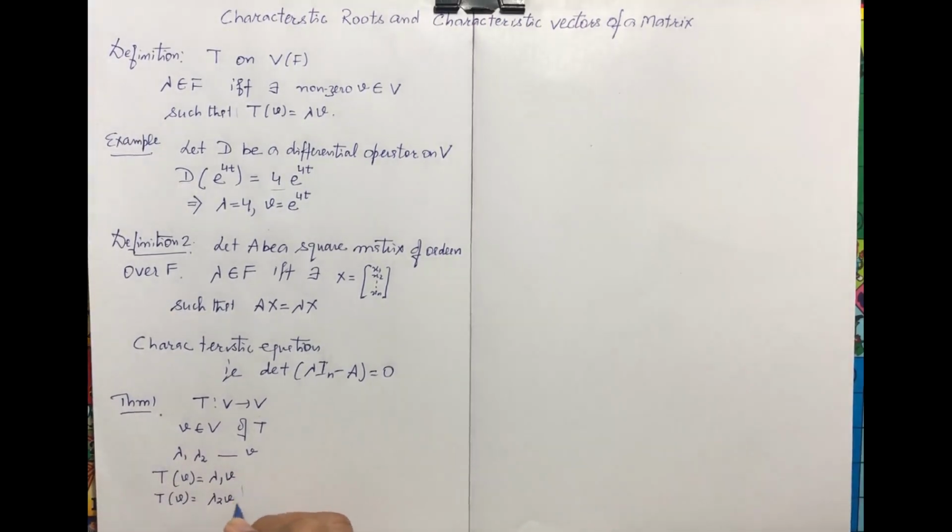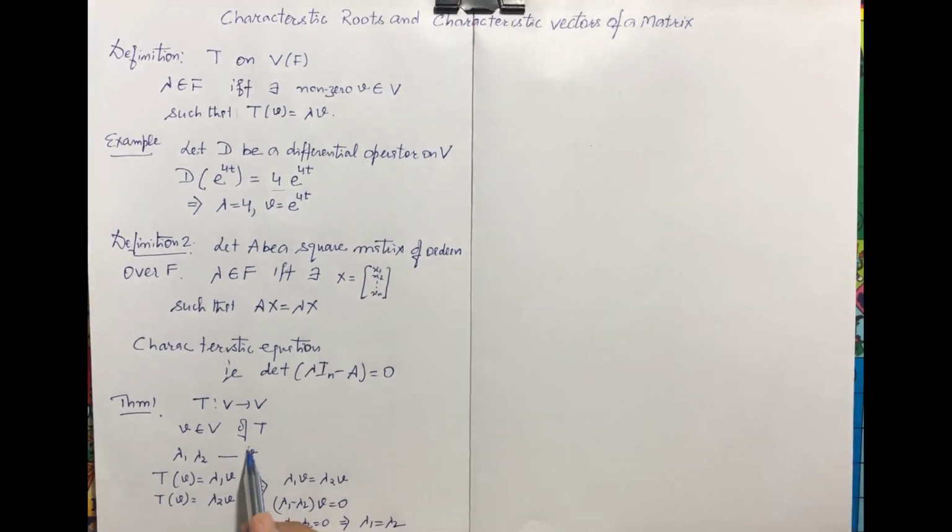As these two are equal, lambda 1 v = lambda 2 v. So taking to the other side, (lambda 1 minus lambda 2) v = 0. As v is a non-zero vector, this implies lambda 1 minus lambda 2 equals 0, which further implies lambda 1 = lambda 2. Hence, every eigenvector is associated with a unique eigenvalue.